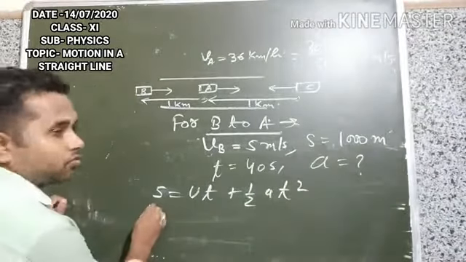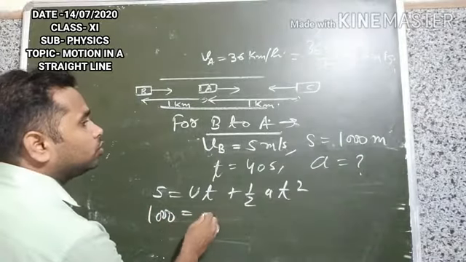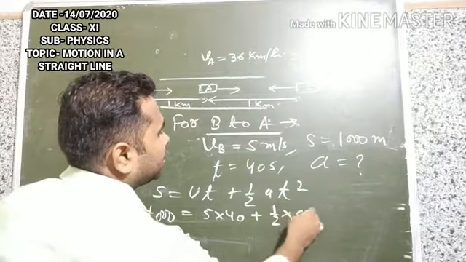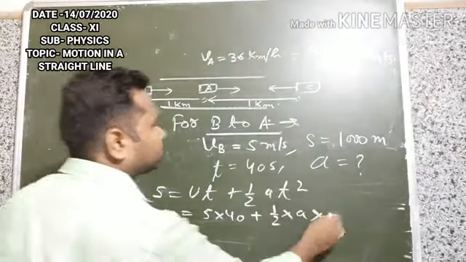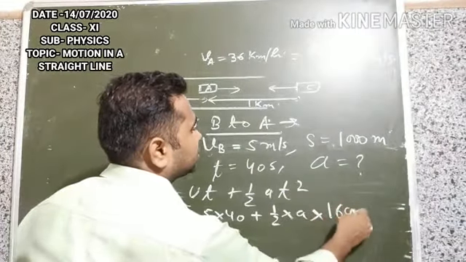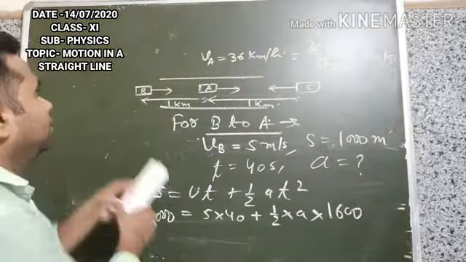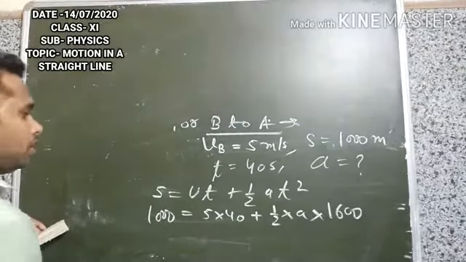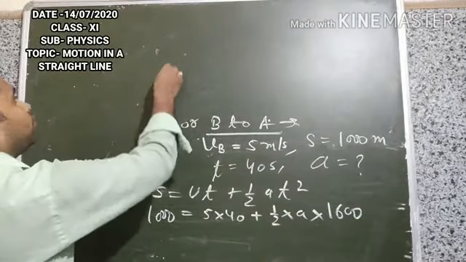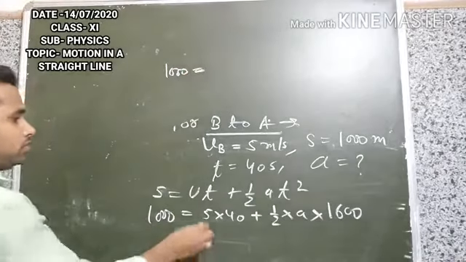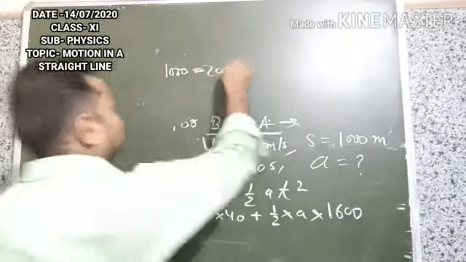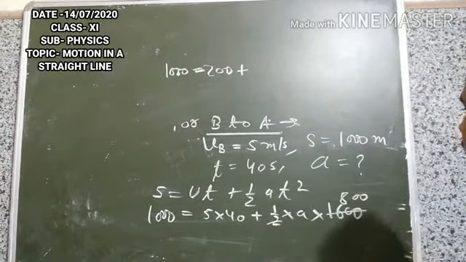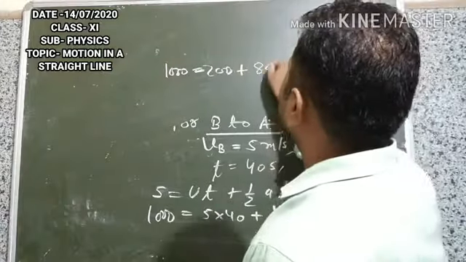S is given as 1000, u is 5, t is 40, plus half a unknown, and t square means 40 square, which is 1600. So 1000 equals 5 times 40, which is 200, plus 800a.